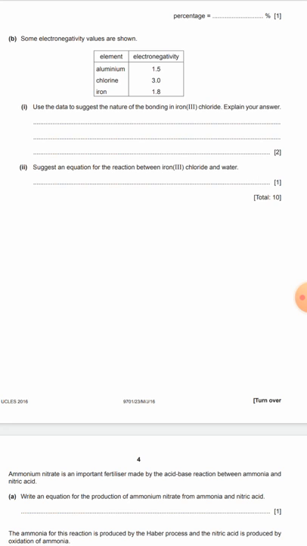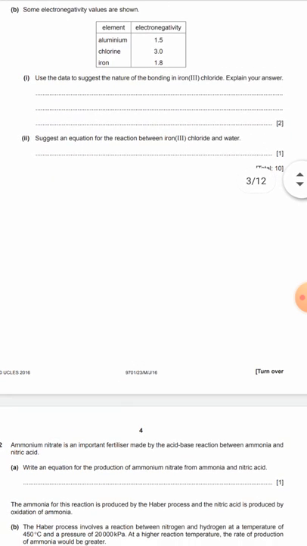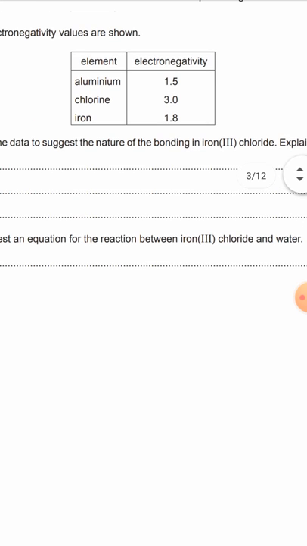So look at the difference between iron and chlorine. Iron has an electronegativity of 1.8, and chlorine has an electronegativity of 3. So the difference between them is 1.2, which is much less than 2. So the bonding between iron and chlorine must be covalent.